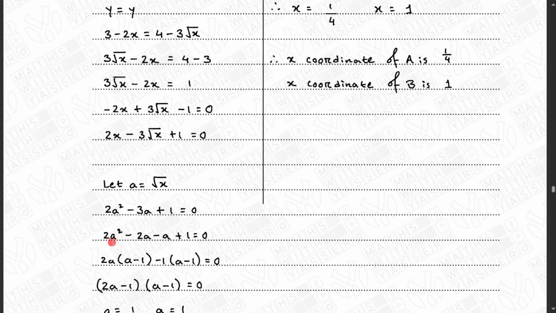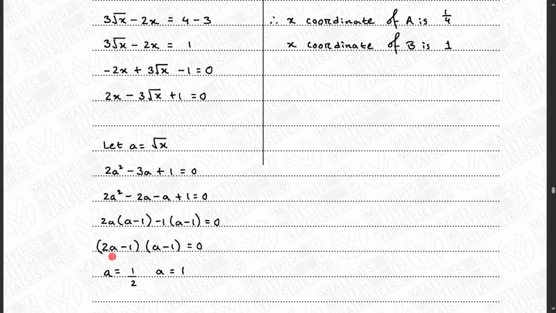So this becomes 2a squared minus 2a minus a plus 1 is equal to 0. By taking 2a common, we get a minus 1, and then again minus 1, and we get a minus 1. So that means we have 2a minus 1 and a minus 1 as the factors of the equation.